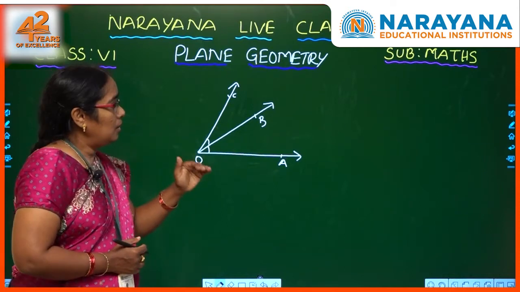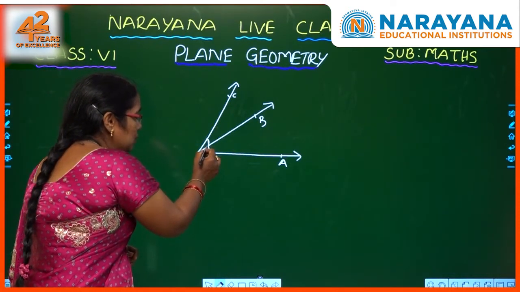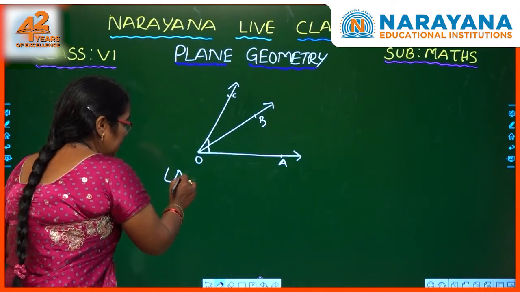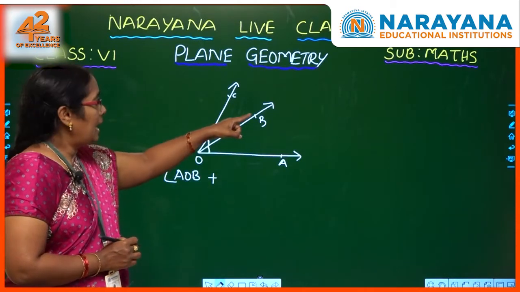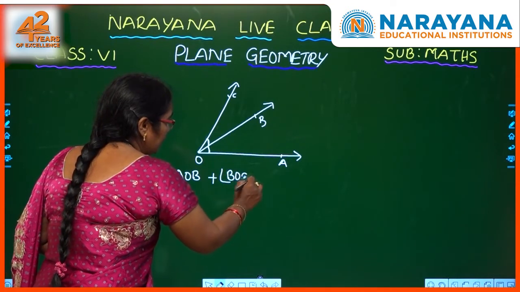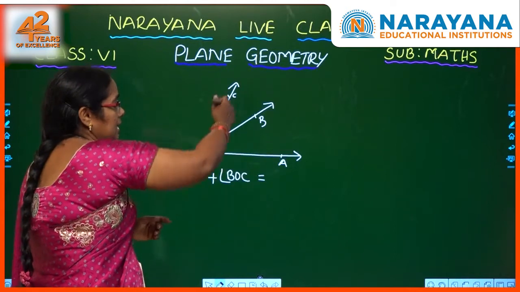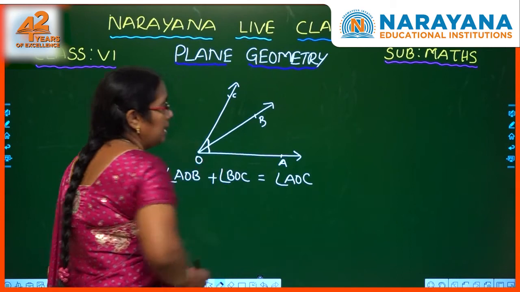Right? Now in such cases, the sum of the measures of these two angles, that is angle AOB plus angle BOC, will be equal to the total angle, that is angle AOC.